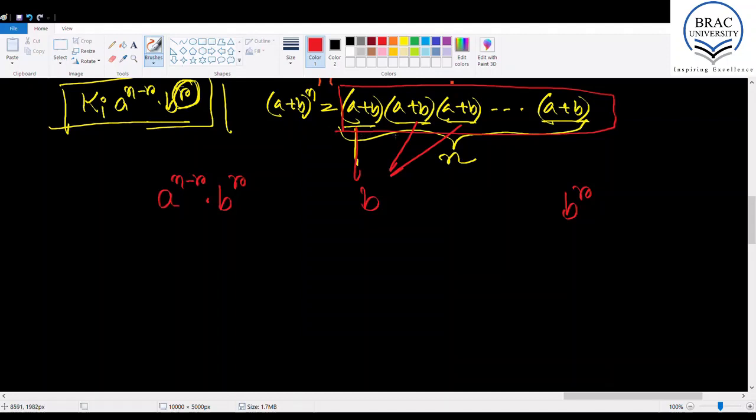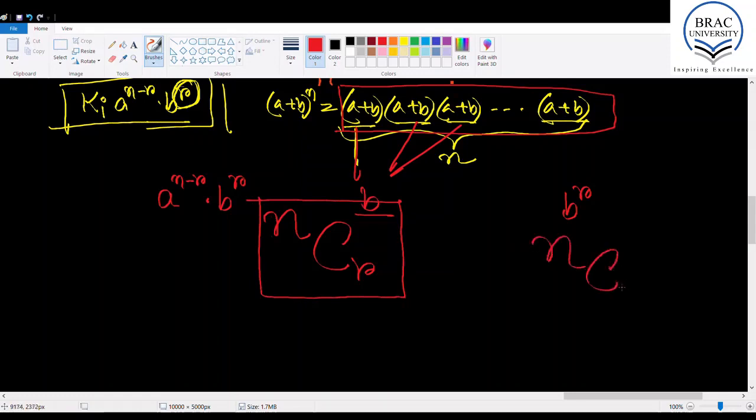So among all of these n factors, in how many ways can we choose r b's? In nCr ways. Why nCr? Out of these n factors, r will provide b, right? So which r of these n options? We can choose these r factors in total nCr ways, right? So there will be total nCr ways to choose b.